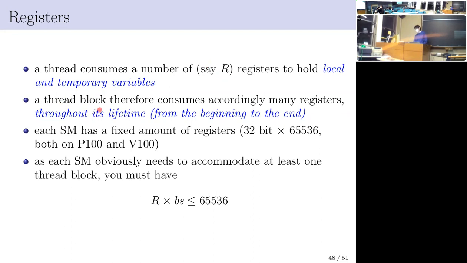Then a thread block therefore consumes accordingly many registers, and they have to be kept throughout the lifetime of each thread block, from the beginning to the end. And obviously, each streaming multiprocessor has only a fixed number of registers.